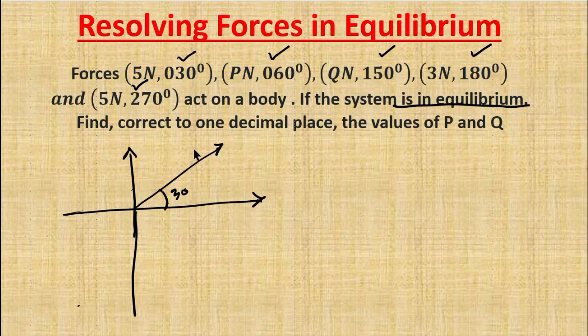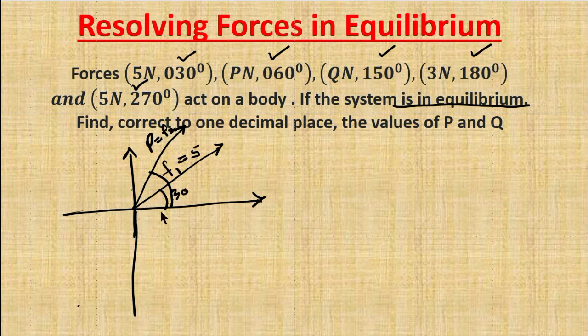So I'll tag this as my 5 Newton and call this my first one, F1. Now if my P Newton is at 60 degrees, then I'll be picking 60 degrees, which is still in the first quadrant, so here I'll have 60 degrees to the x-axis. Then I'll call this my P, which is also my F2.